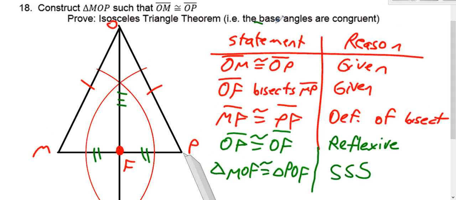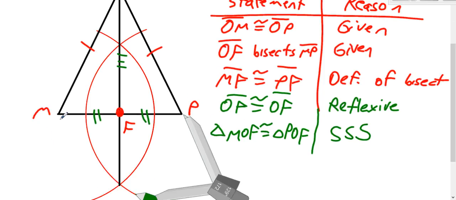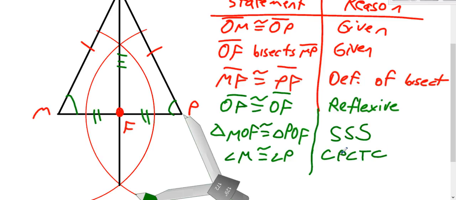We're trying to prove the base angles, which are angle M and angle P. Since the triangles are congruent and those are corresponding, that means that they are congruent because of CPCTC, which means corresponding parts of congruent triangles are congruent. And that's it.